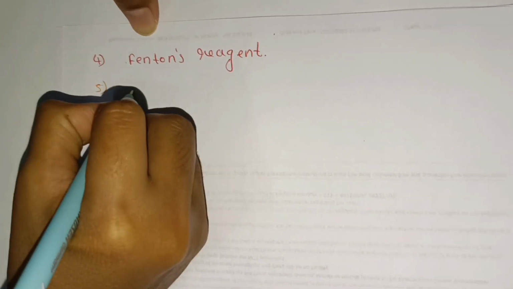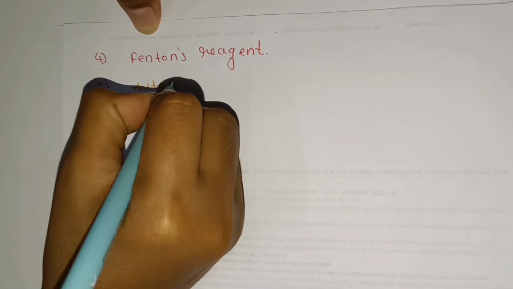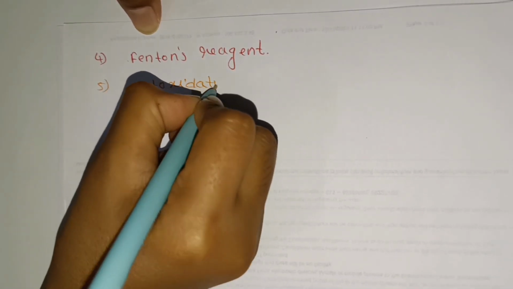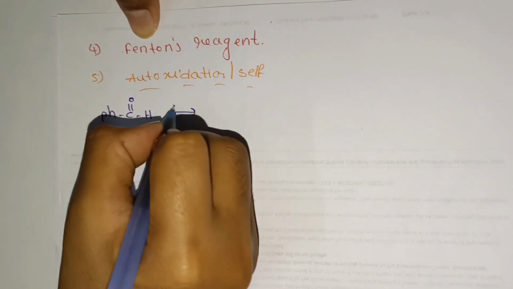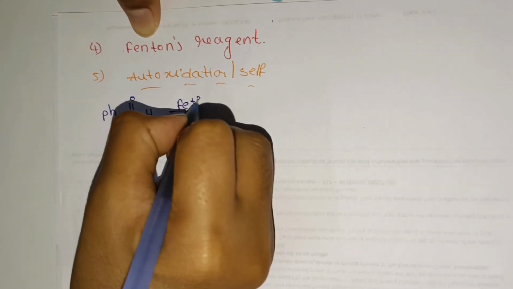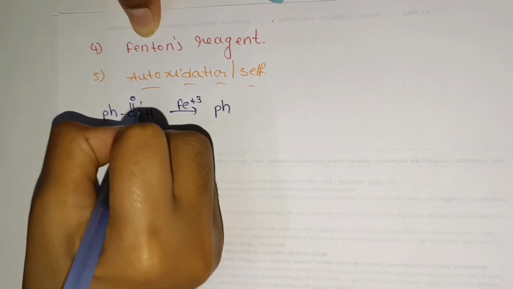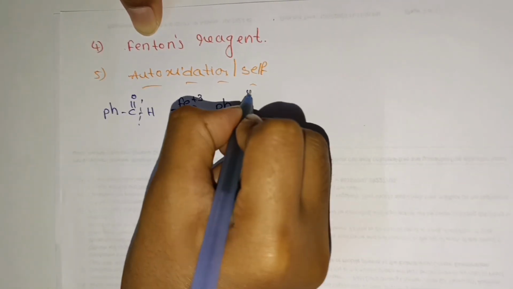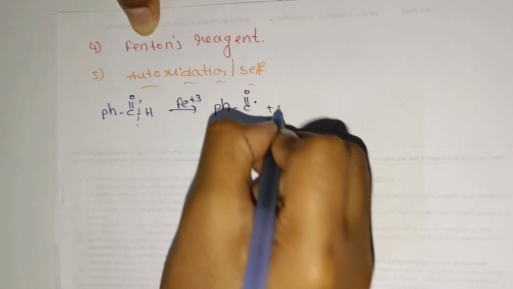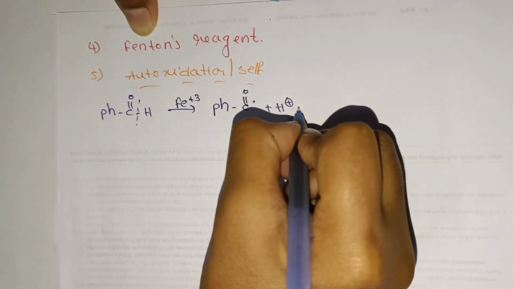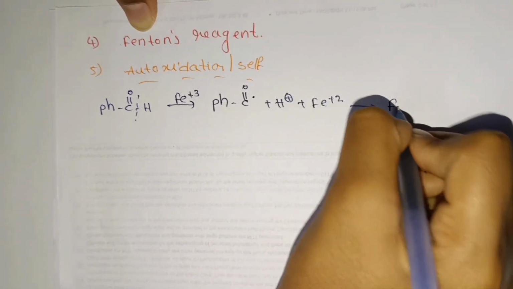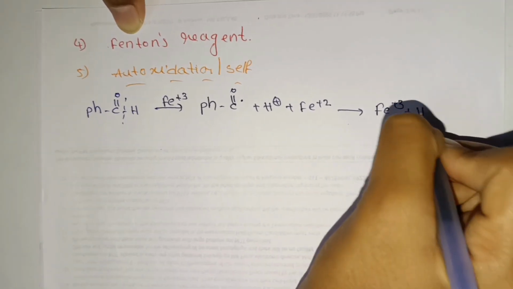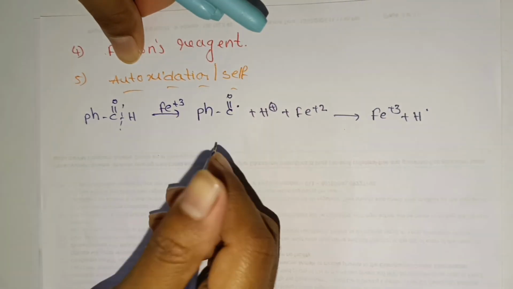Next, the fifth one is auto-oxidation or self-oxidation. This compound reacts with Fe3+, it forms by breakdown of hydrogen, forming a free radical like this, and H plus and Fe2+, this forms Fe3+ and a hydrogen radical.